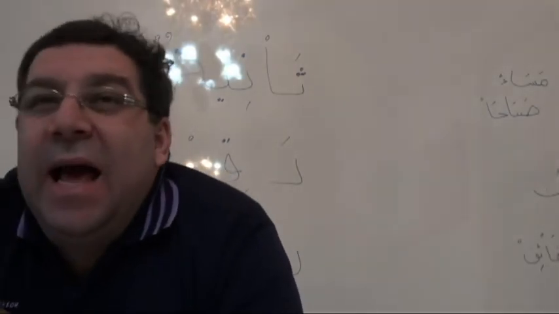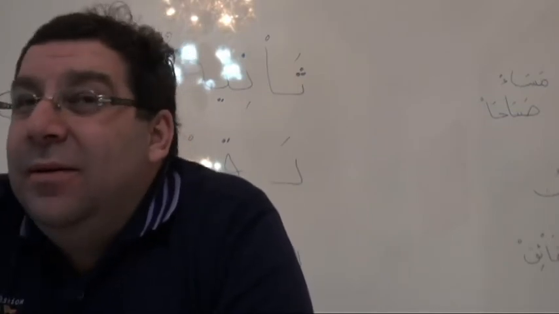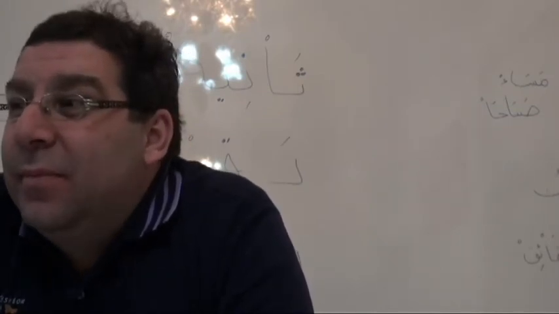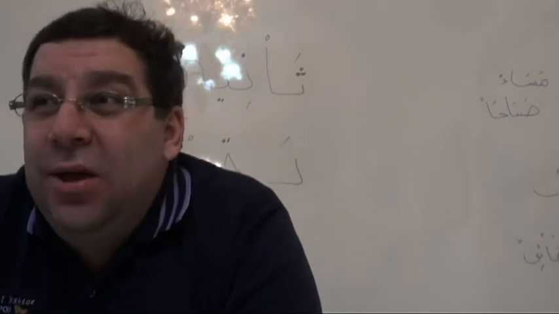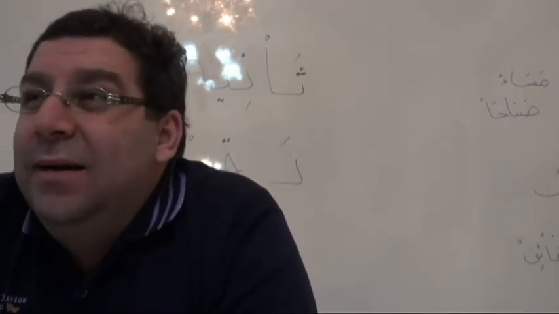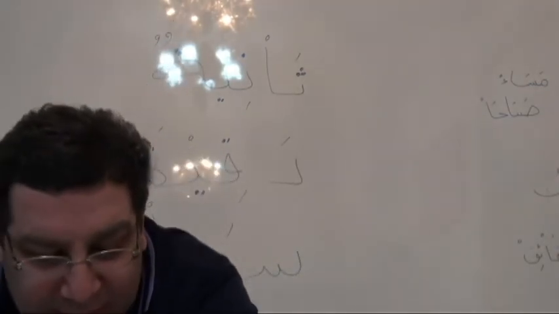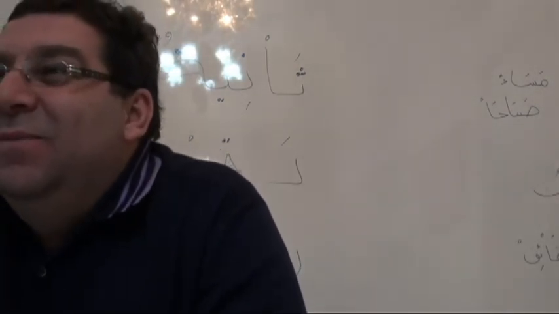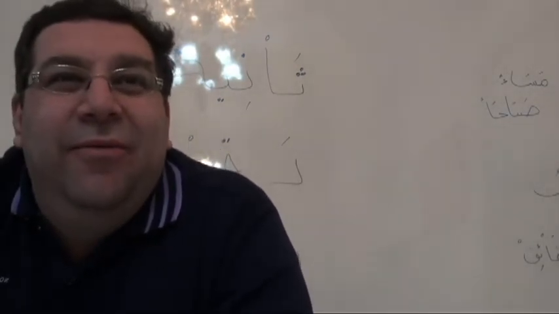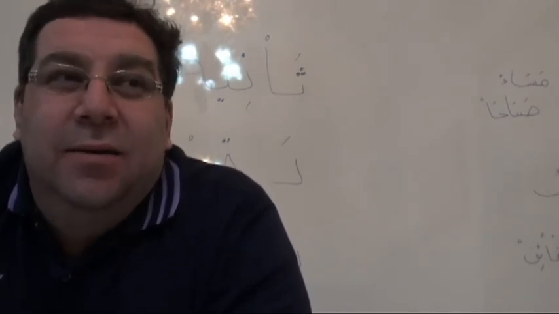And 30 ثانية means 30. 30 is 30. ثانية is second. So الساعة الآن هي 25 دقيقة و30 ثانية. It means time now is 5, 20 and 30 seconds. Okay?